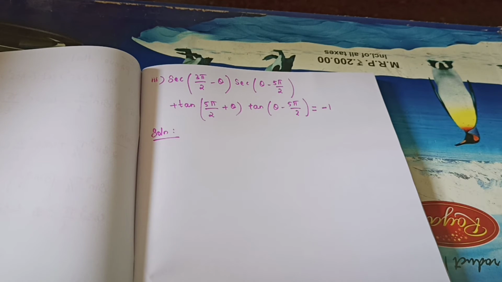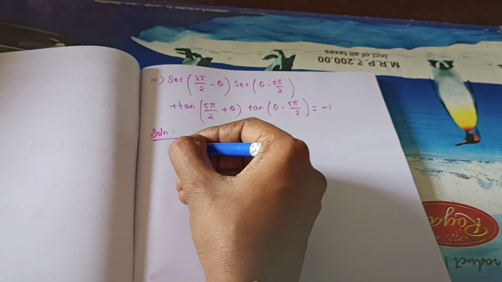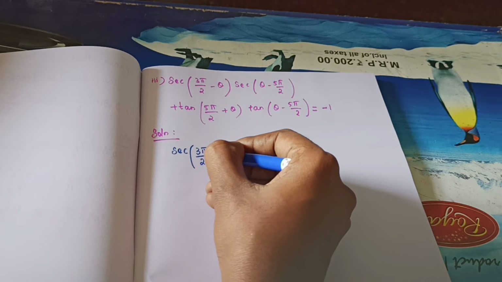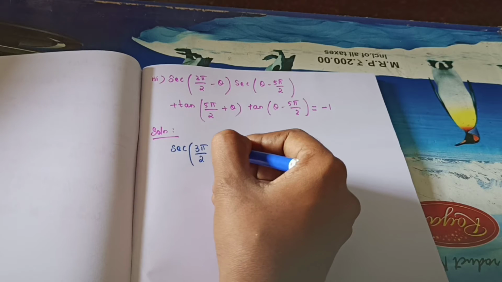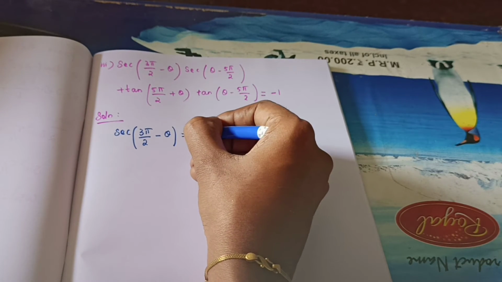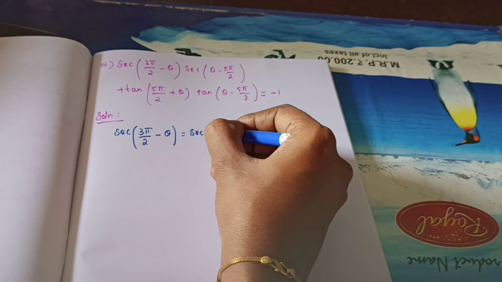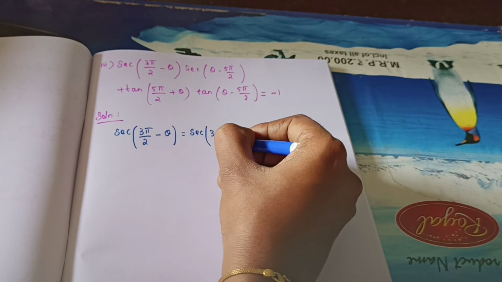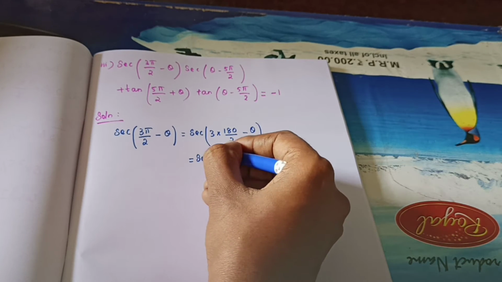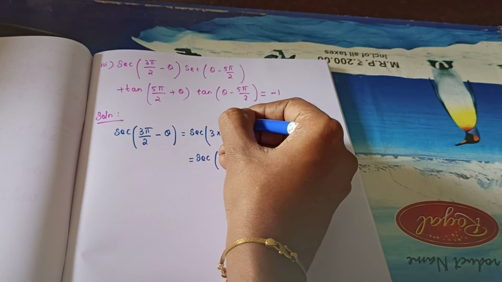Listen here. This also separately we can find. Secant of 3 pi by 2 minus theta. Okay. So 3 pi by 2 first you need to simplify. That's equal to secant of 3 into 180 by 2 minus theta. That's equal to secant of, we can cancel 90.